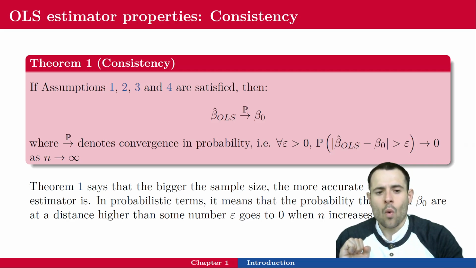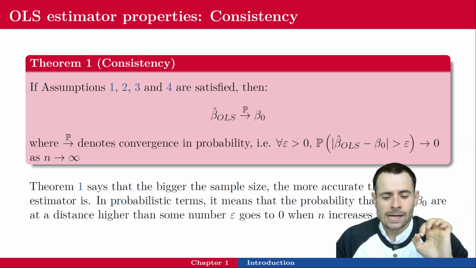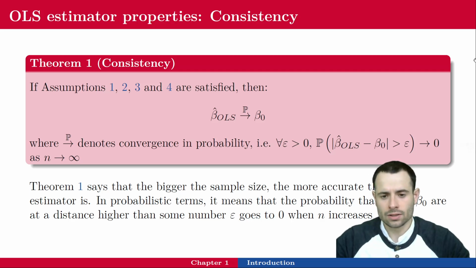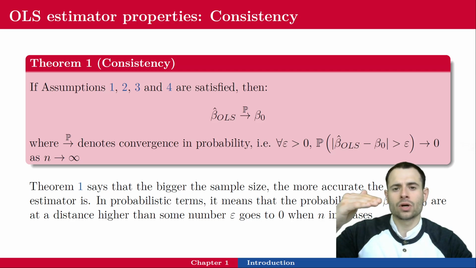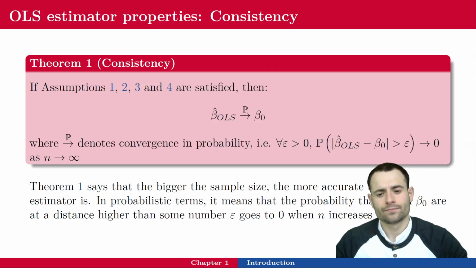If assumptions 1, 2, 3, and 4, so I mentioned that those 4 were needed, then the estimate I just obtained gets closer and closer to the real vector, the real parameter I am trying to estimate, as I increase the sample size. So every time I run my regression on a bigger sample size, the result gets me closer and closer to the truth.